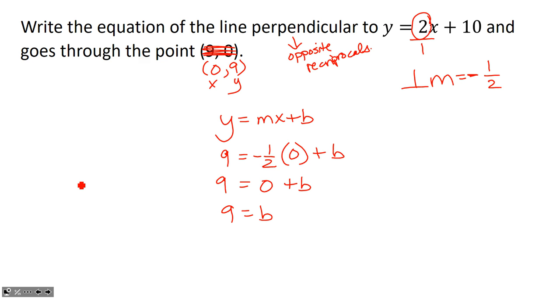So b is equal to 9. And guys, remember, we talked about this a couple times. We could have recognized from the beginning that anytime you have a point (0, something), that is your b. That's your y-intercept. So your final answer: y equals negative 1/2 x plus 9.